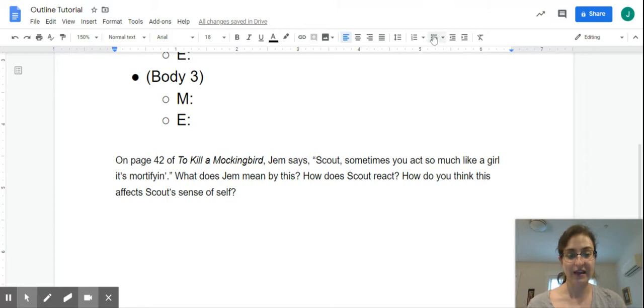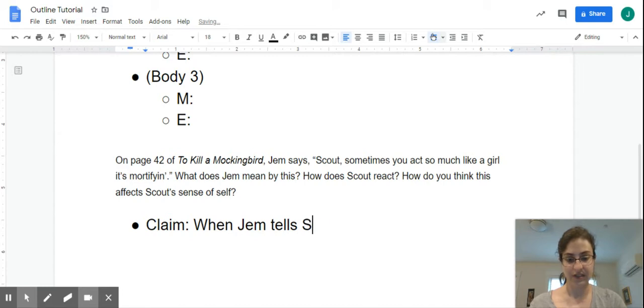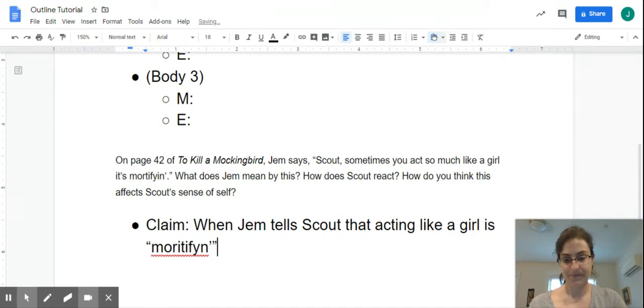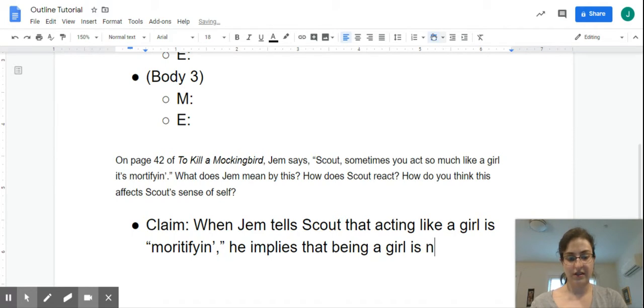So I'm going to go ahead and start with a claim. And I'm going to say, when Jem tells Scout that acting like a girl is mortifying, he implies that being a girl is not as good as being a boy.